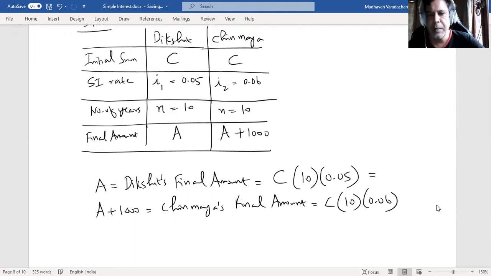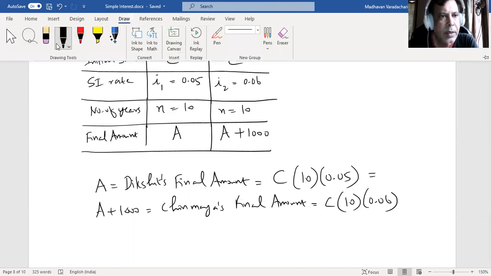Sorry, what I wrote is not the amount, it is actually simple interest. Here I should have changed the formula.